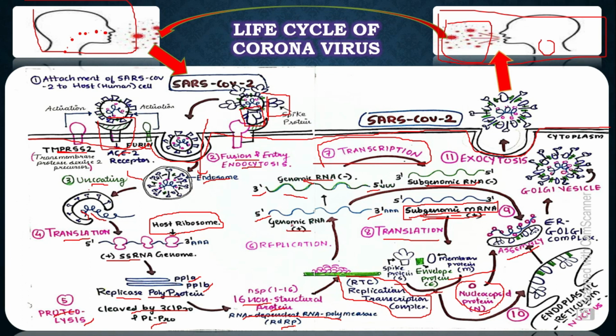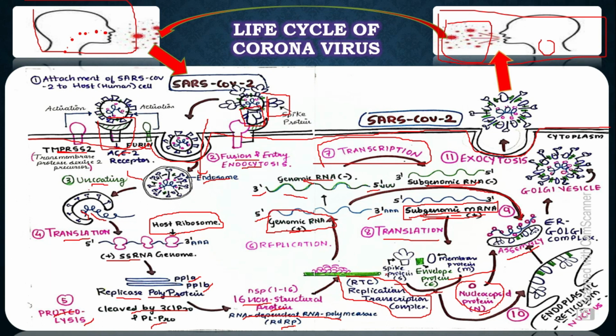Now at this site also the positive genomic RNA of coronavirus, the ssRNA positive, which is required in coronavirus, will also go and bind to the nucleocapsid protein and they will form a complex there.